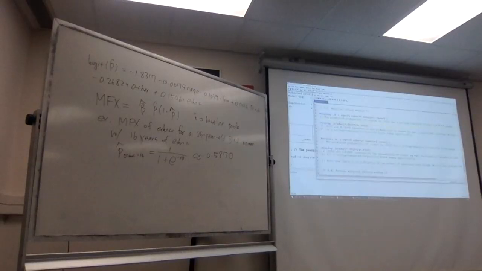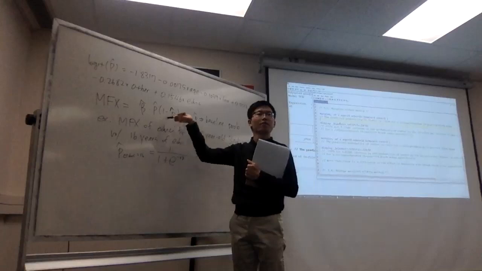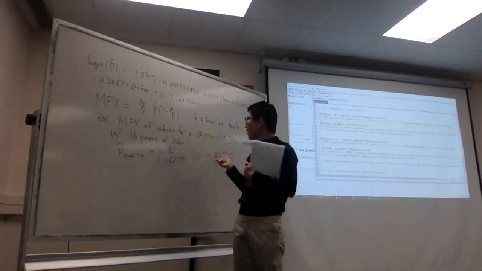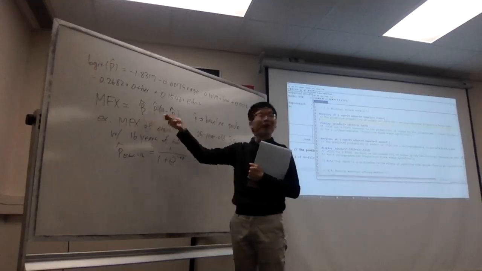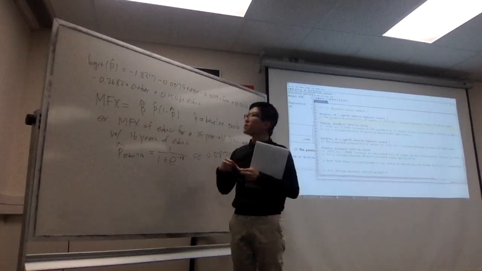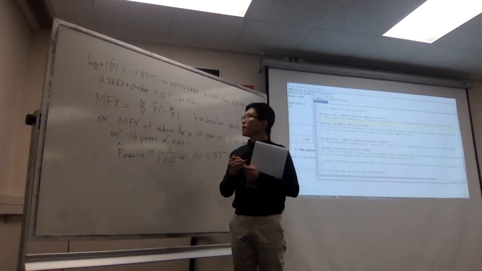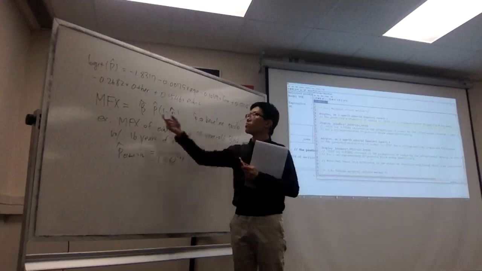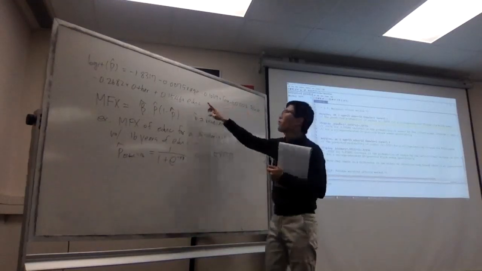And now you are using that p hat for the marginal effect. You're plugging in this number in the place of p hat. And beta hat is the coefficient of education.